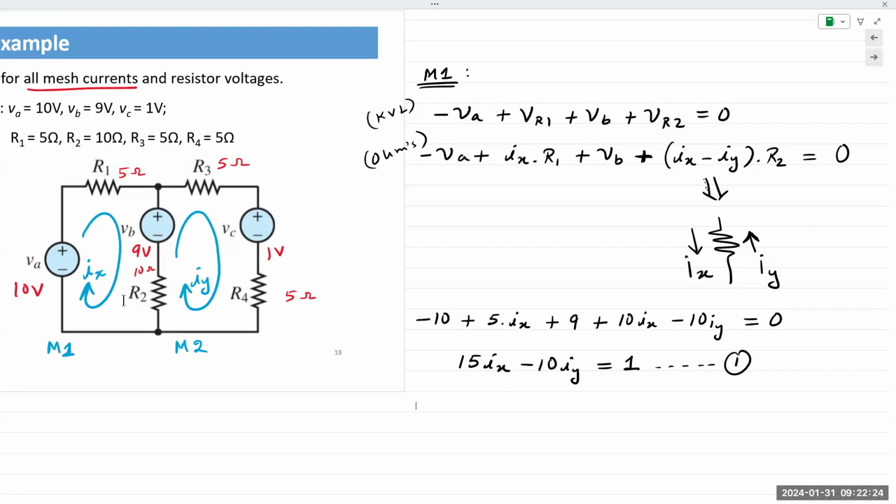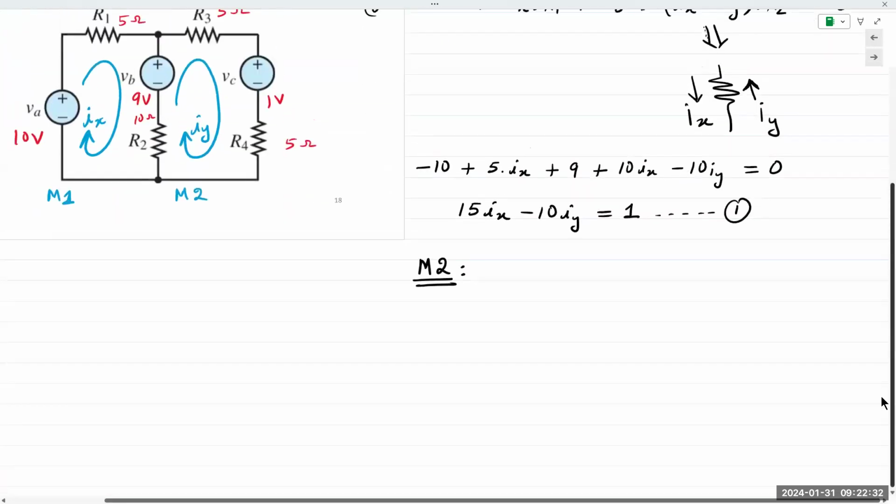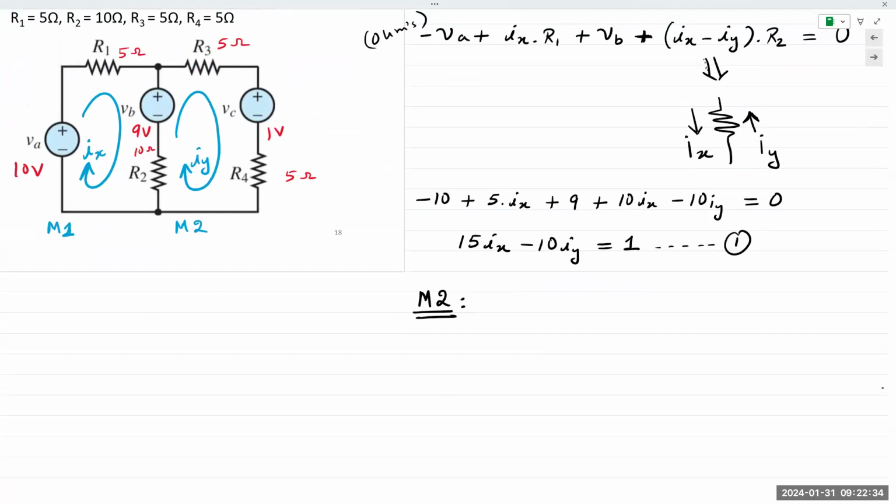Then let's move on to mesh 2. In mesh 2, how many do I have? 1, 2, 3, 4, 5 voltages. 3 resistors, and 2 voltage sources.